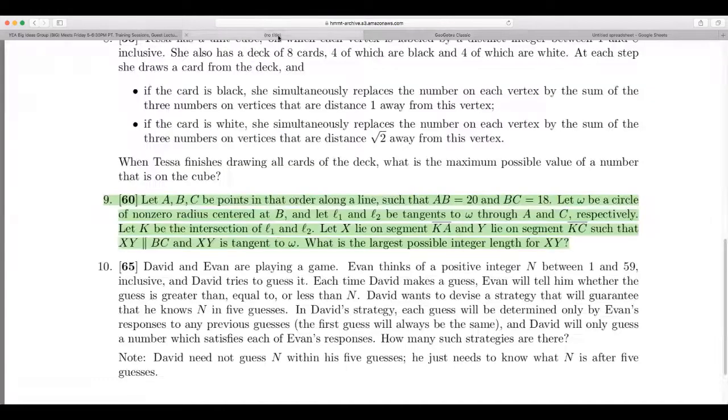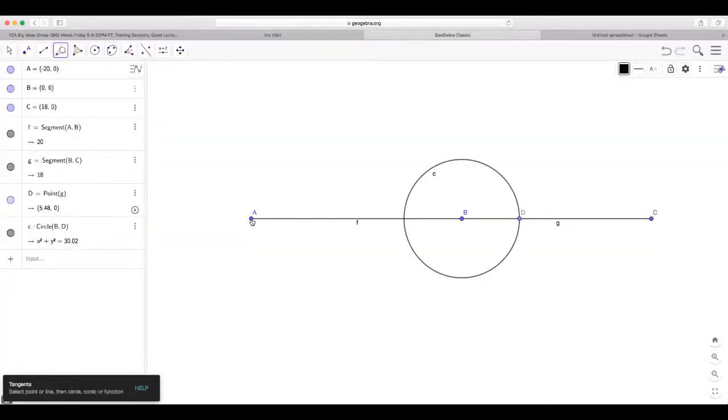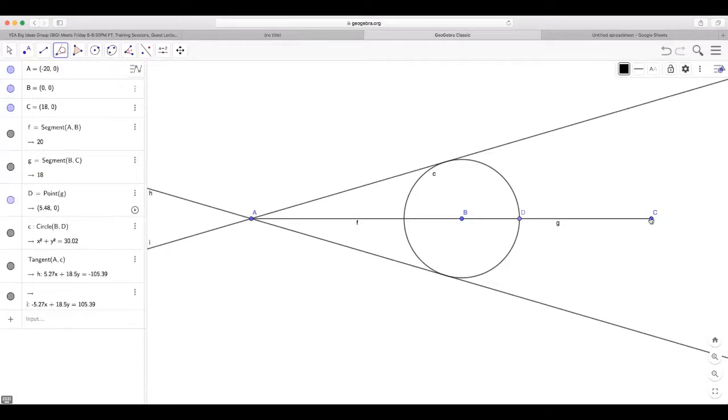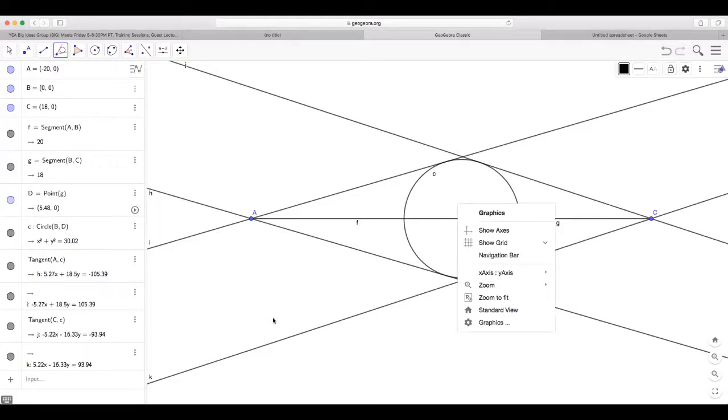Did it say same side? Okay, those appear to be parallel, but we know that they are not.